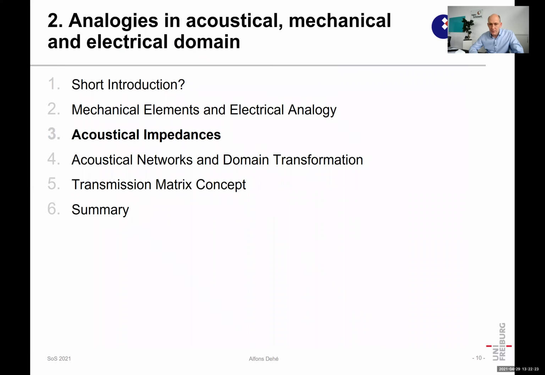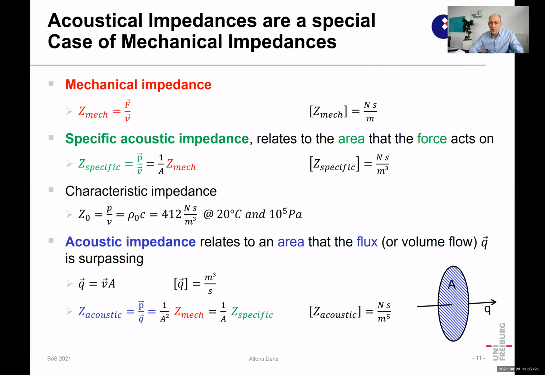Yes, and what about these acoustical impedances? So we try to formulate the relation of the impedances. We start with a mechanical impedance, which is the relation of force over velocity. This is how we define an impedance in the mechanics.